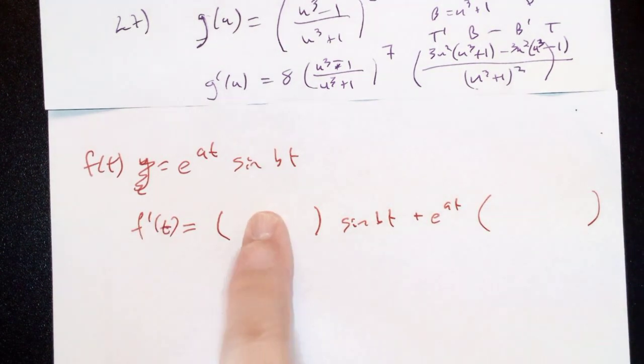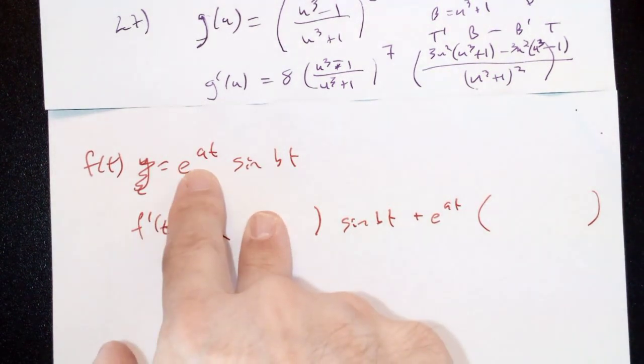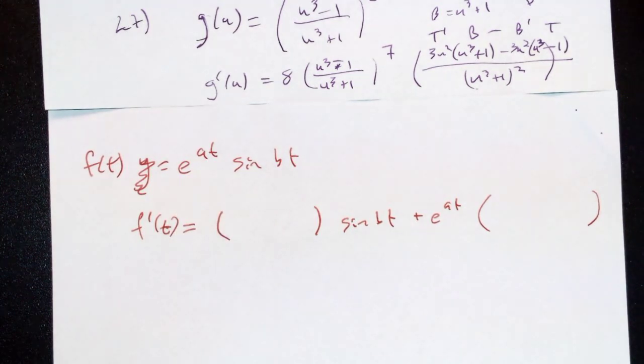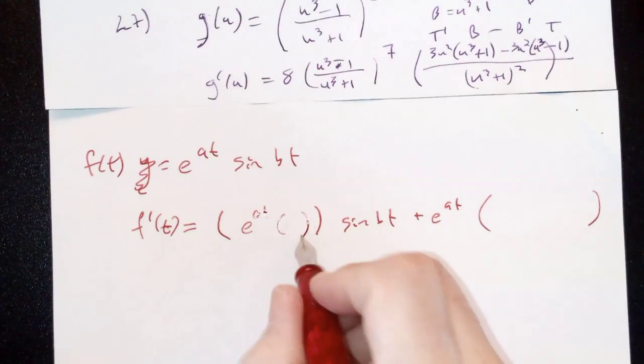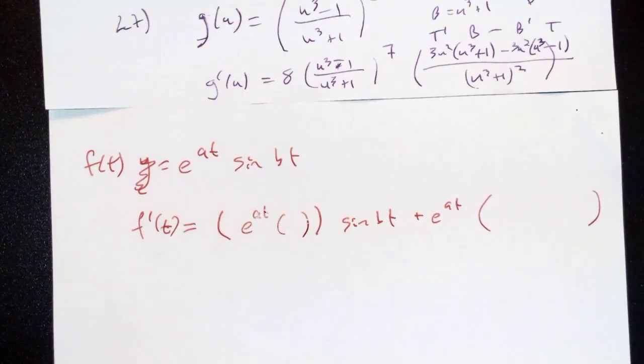So these are going to be derivatives. This is going to be the derivative of this part. But that's e to the stuff. Up comes my chain rule. Derivative of e to the at. Derivative of e to the stuff is e to the stuff. So I get e to the at. But wait, there's more. The derivative of at, the derivative of number t, is just number.